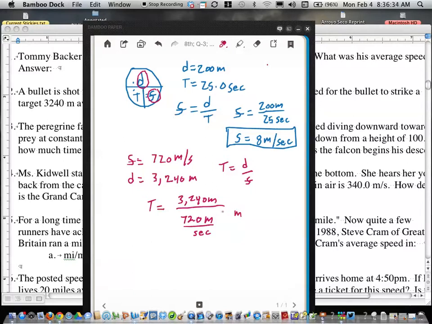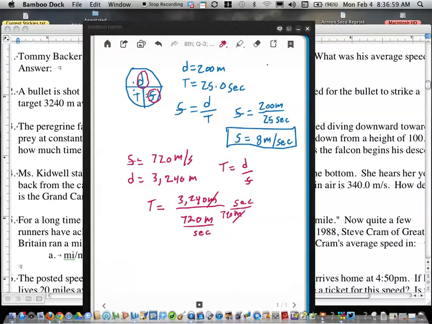So you're going to flip this fraction so that the meters are on the bottom, so 720 meters, and S is on top, or seconds is on top. Now that is very important. It seems inconsequential, but when you get to higher math in high school, it's going to be important to remember that, because the meters cancel.